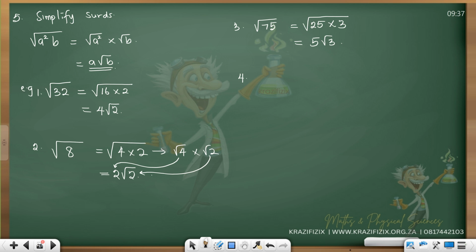Okay? So what you are doing there is you are breaking down 8 into factors. You see, 8 can be written as 2 squared. This is factors, not square. So if I put a root there, you see that it becomes 2.